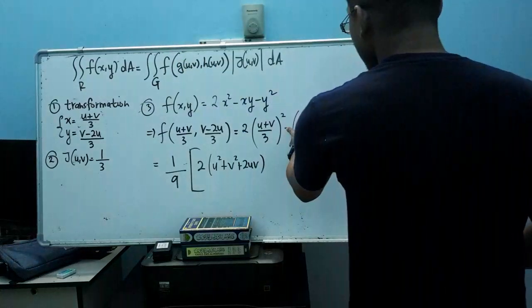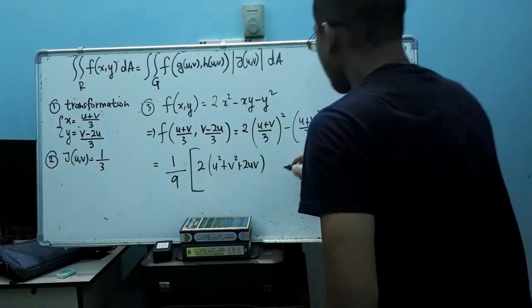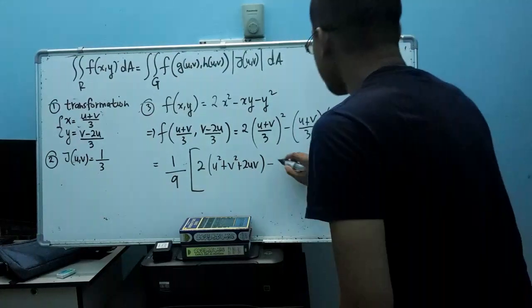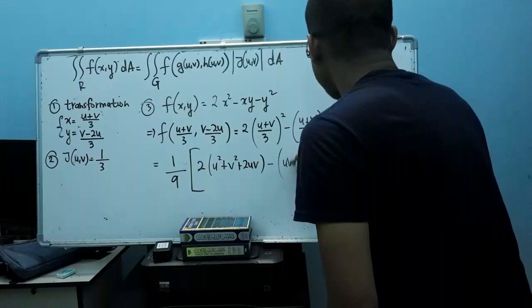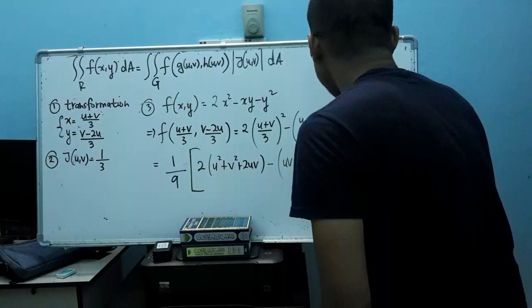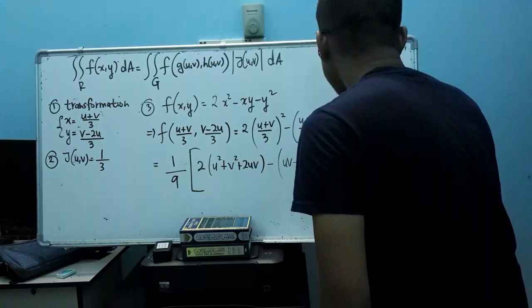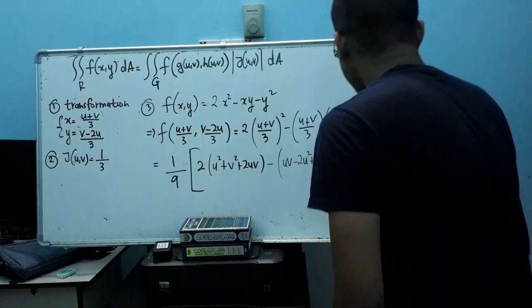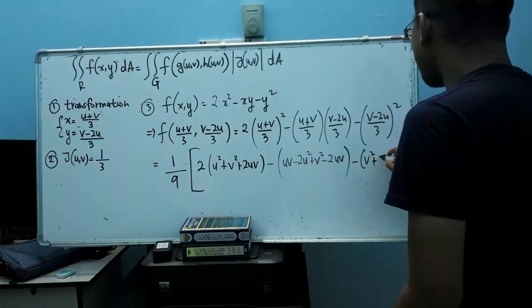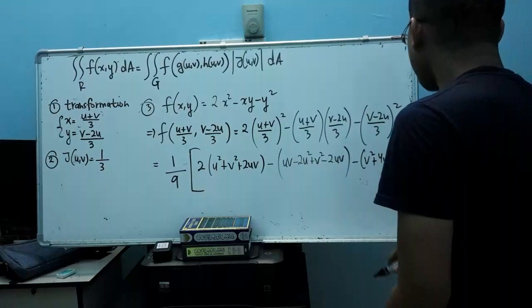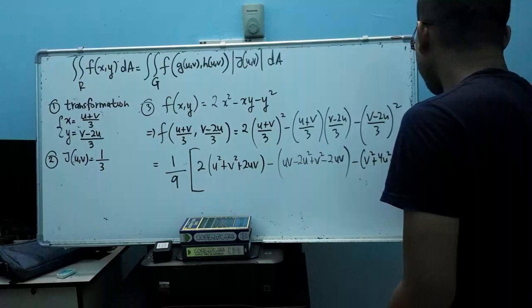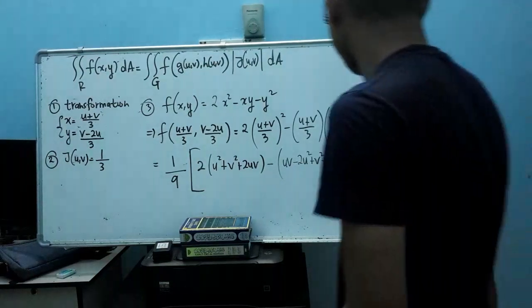And then minus, so I will have uv minus 2u squared plus v squared minus 2uv. And then minus v squared plus 4u squared minus 4uv.